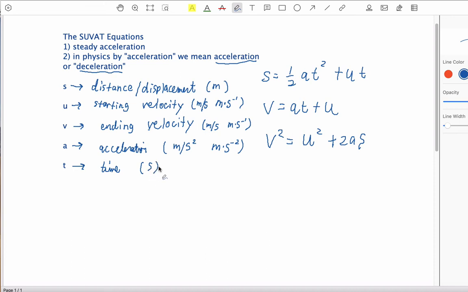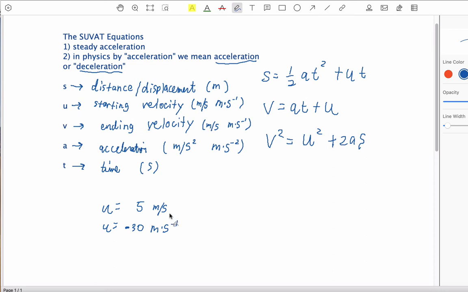So what I mean by that is when I ask you how far did something go, you're not just going to say 30. You're going to say 30 meters. If I ask you what's the starting velocity, you're not going to say it's 5. You're going to say it's 5 meters per second. Or maybe it's -30, because it's going backwards, meters per second.